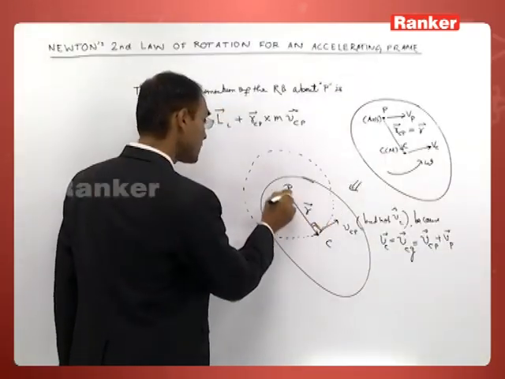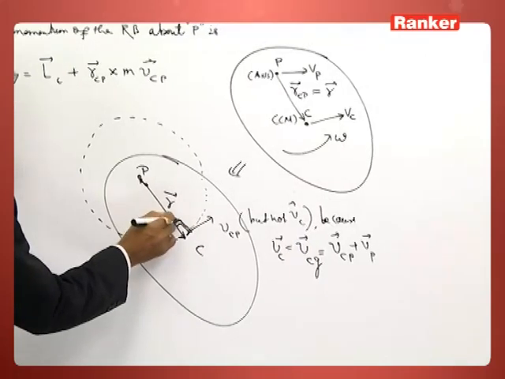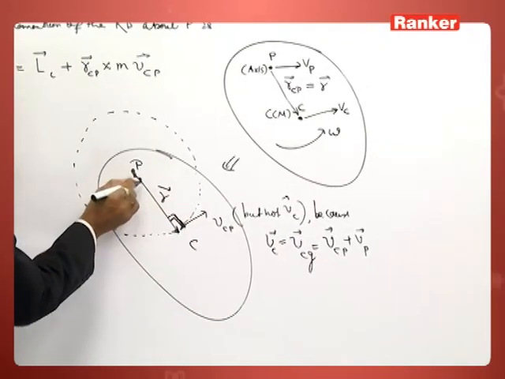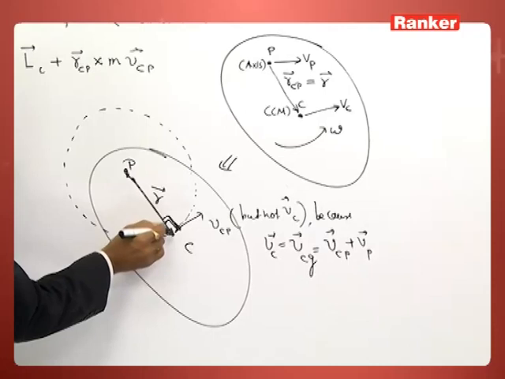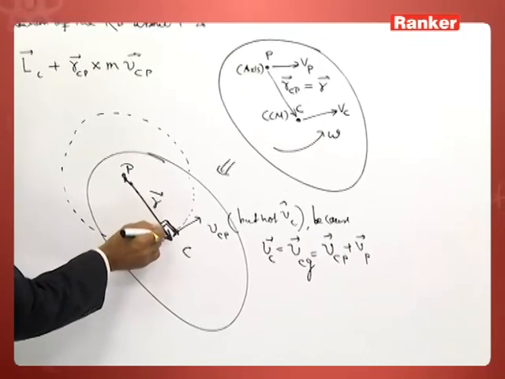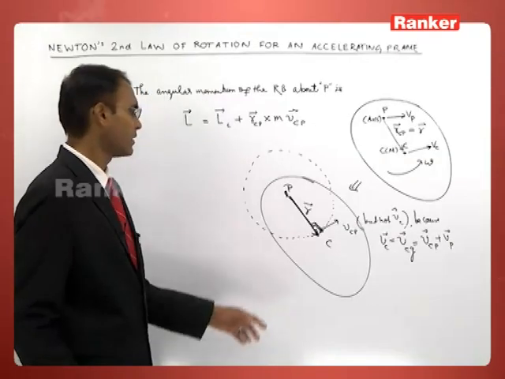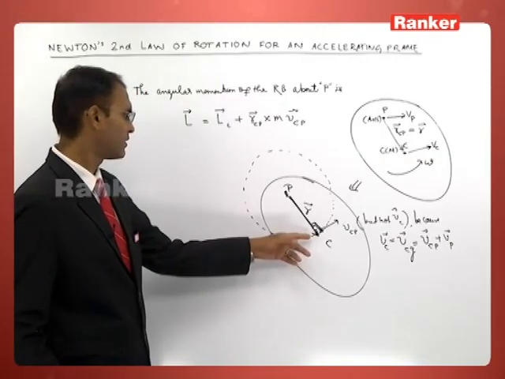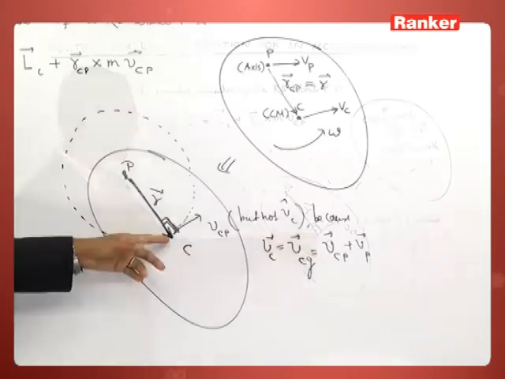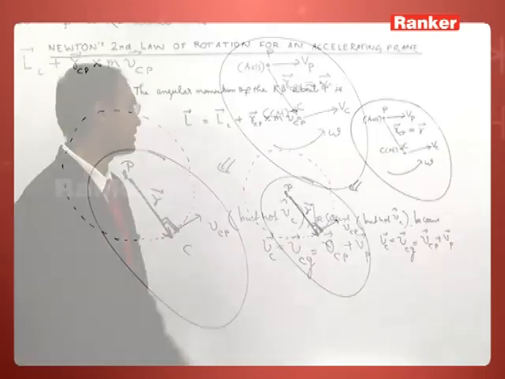Velocity of the center of mass with respect to the pivot is perpendicular to this position vector of the center of mass with respect to the pivot, and this is the radius of the circular track of the center of mass with respect to the pivot.